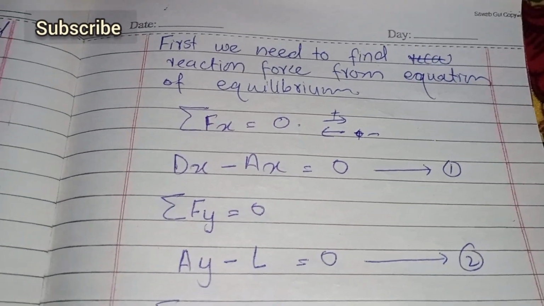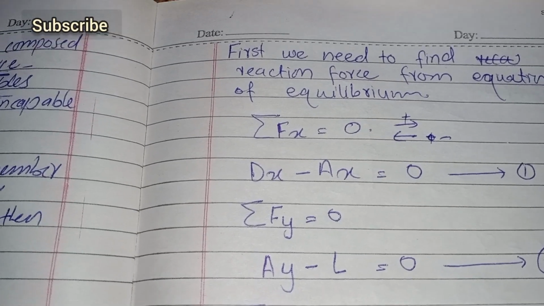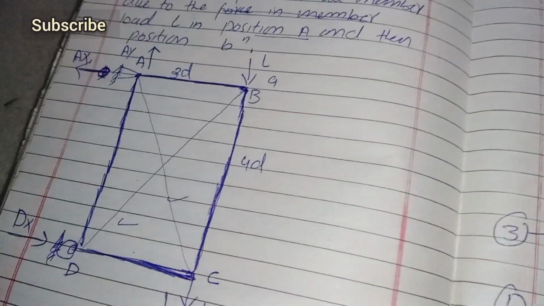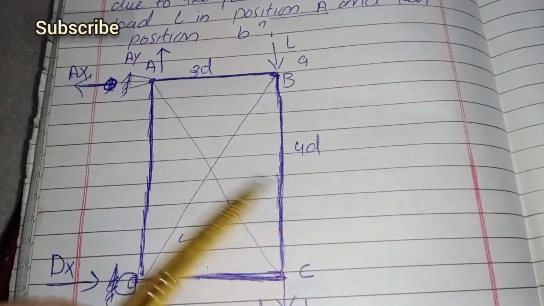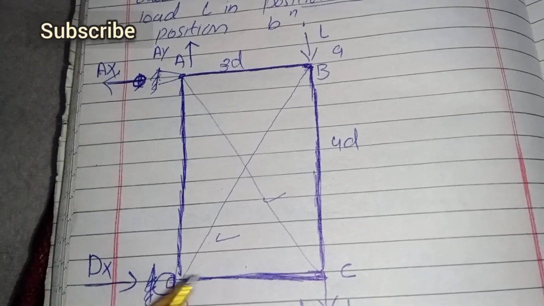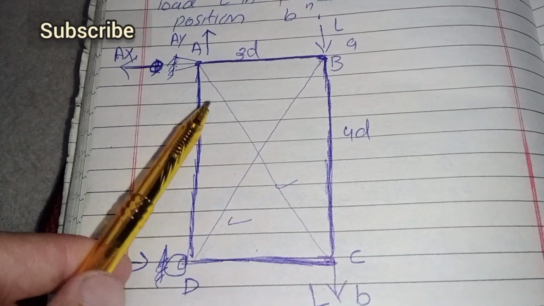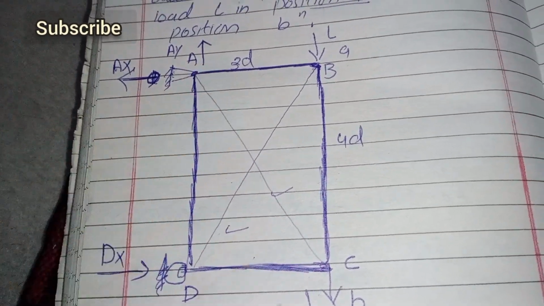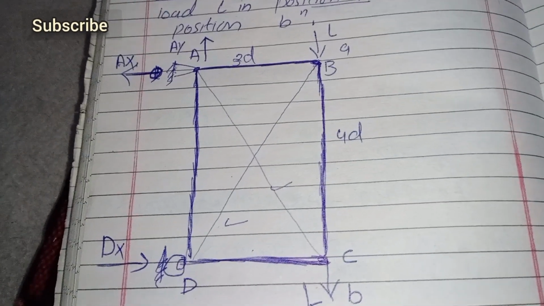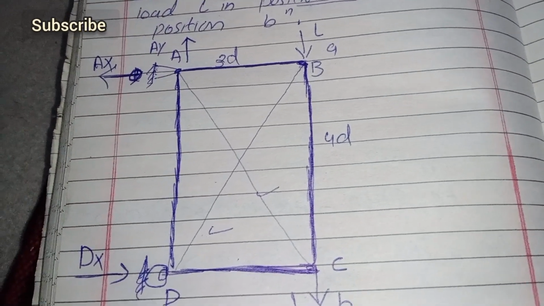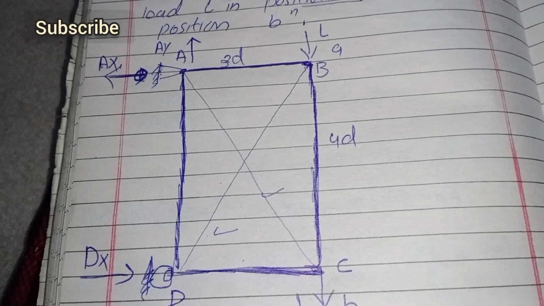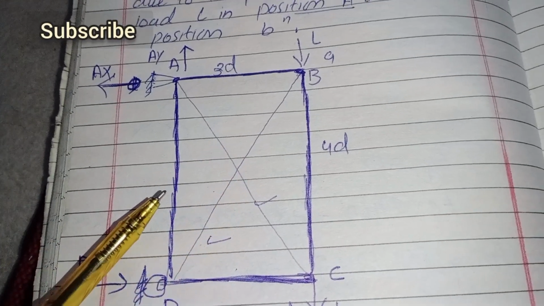First of all, we need to draw a free body diagram of this truss. I can draw it and find the reaction forces in this diagram. But in your exam and in your assignment you don't have to do that.